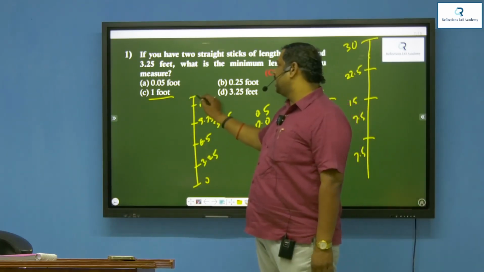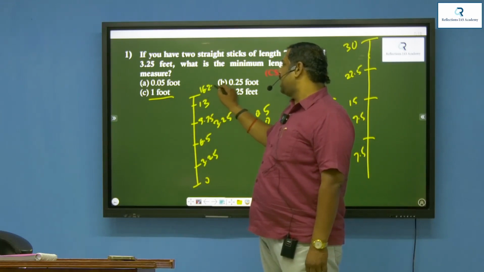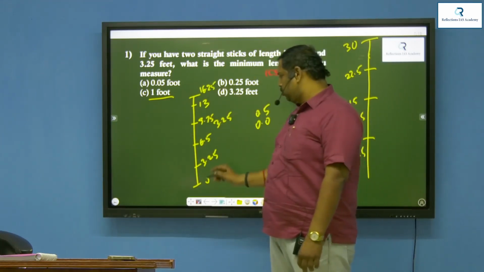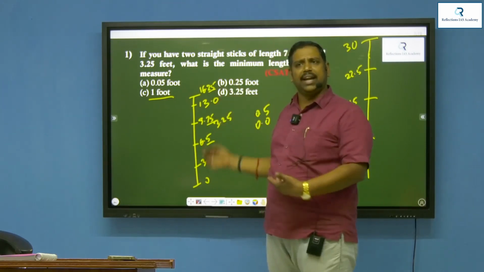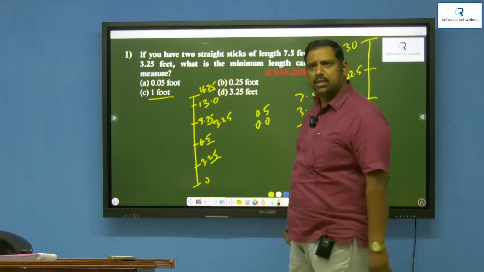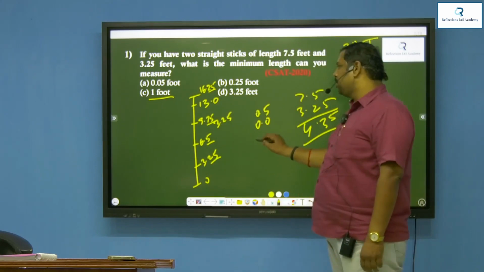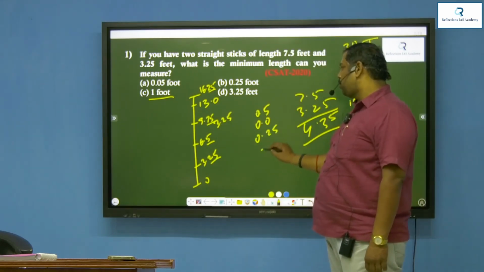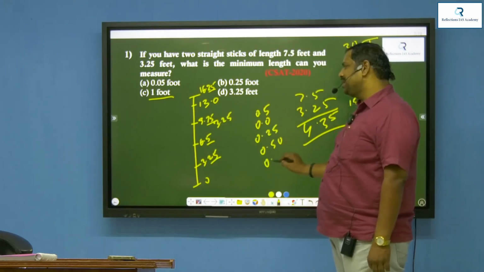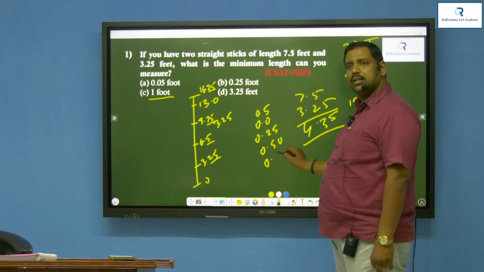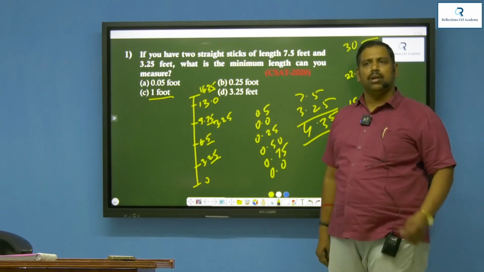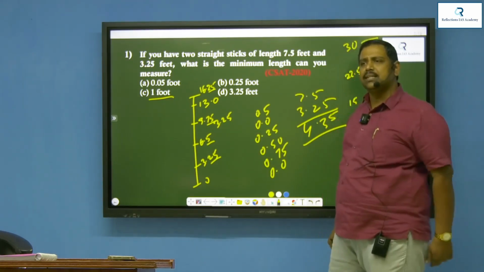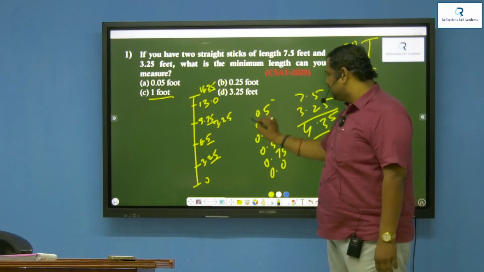Then I will go with 16.25 and so on. Observe 0.25, 0.5, 0.75 or 0, or again 0.25. Means what are the lengths that you can measure? The decimals only: 0.25, 0.50, 0.75 and 0.0.